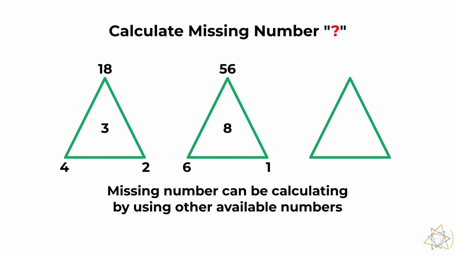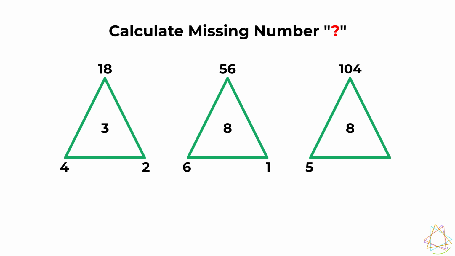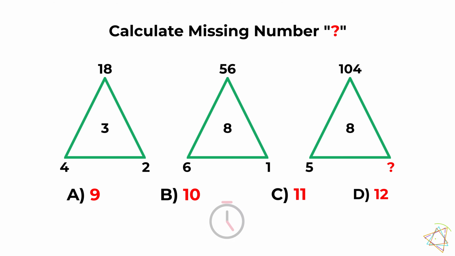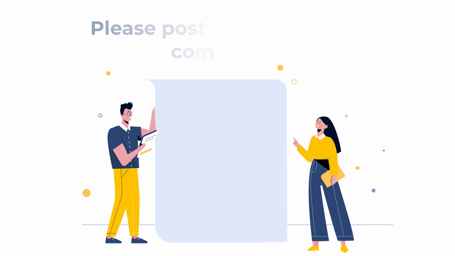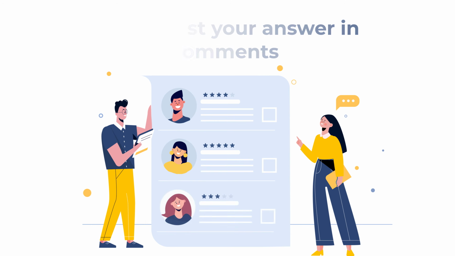Third triangle has number 104 on the top, number 8 in the middle, number 5 in the bottom left corner, and the number in the bottom right corner is missing. Your choices are 9, 10, 11, and 12. If you can calculate the answer, please make sure to post it in the comment section of this video. Thanks for participating and good luck.